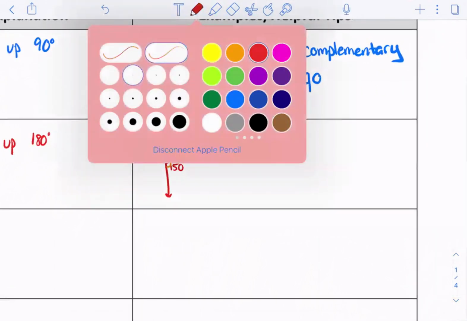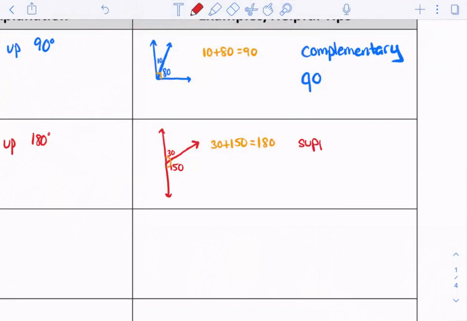And then a little trick to remember supplementary angles is the S turns into an 8 to have the number 180. So that's a little trick for you to remember that there.